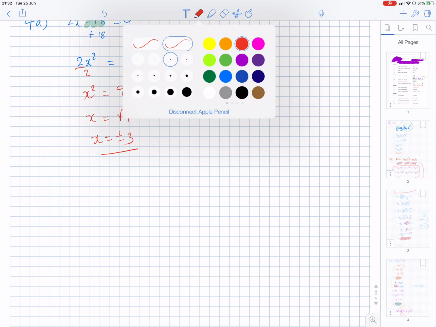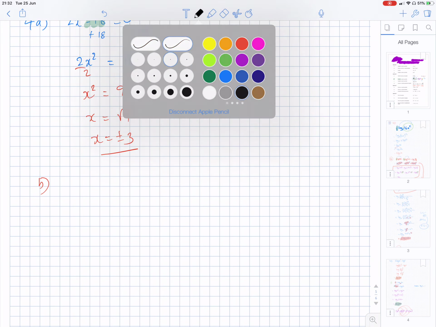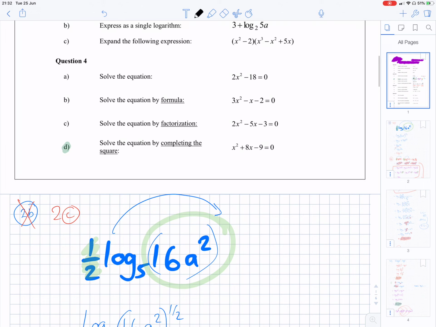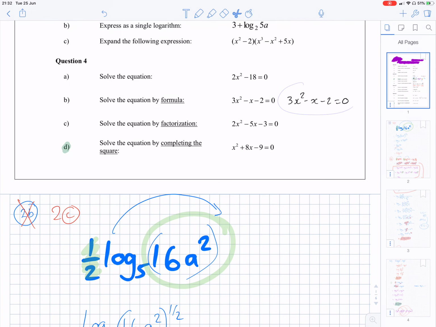That's 4a. Let's look at 4b. Change the color. So 4b says 3x squared minus x minus 2 equals 0. It says solve by the formula. I'll show you what the formula is in a minute.